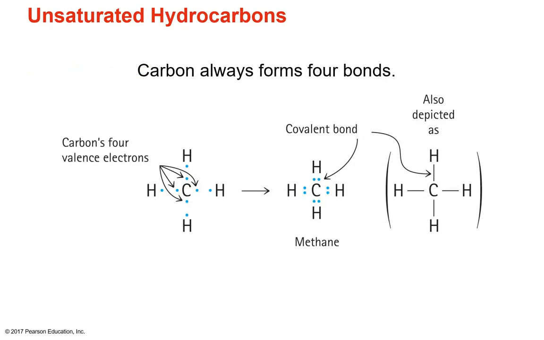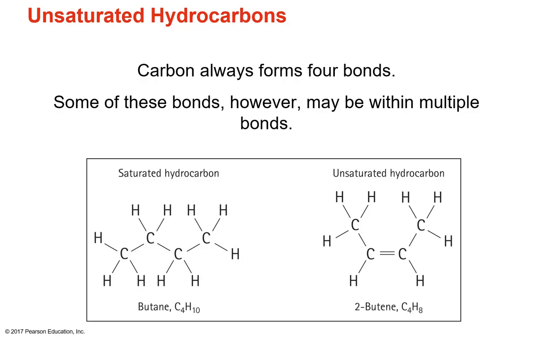Remember that carbon always forms 4 bonds. It can form double bonds, in which case you count both of those. And so these structures indicate where carbons are, where hydrogens are. And here we have how many bonds on the first one? 1, 2, 3, 4.